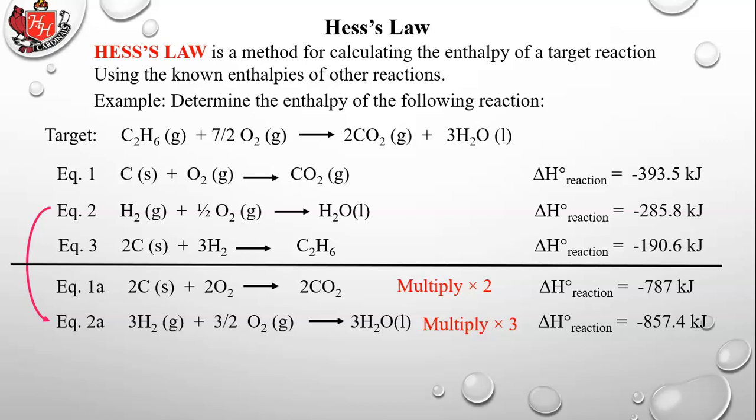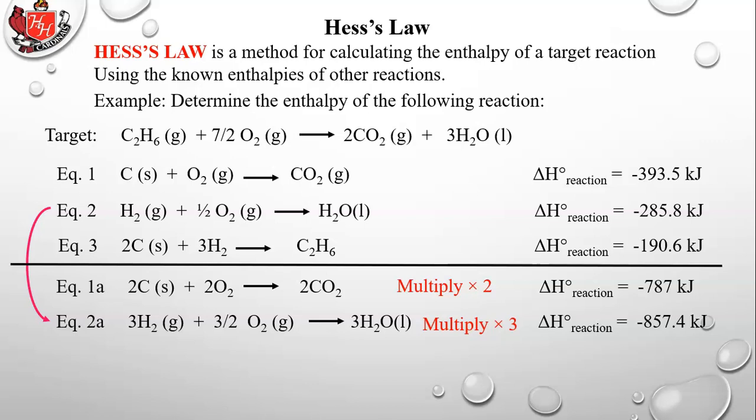In equation 2, we see that we have 3 H2Os up in the target equation over on the right side, 3 moles of H2O. And we see in equation 2 we have 1 mole of H2O. So we're going to want to multiply that by 3. Equation 2 gets multiplied by 3, so we can have 3 H2O over on the right. That means everything gets multiplied by 3. So you have 3 H2, and now you have 1/2 O2 there, but when you multiply that by 3, you end up with 3/2 O2.